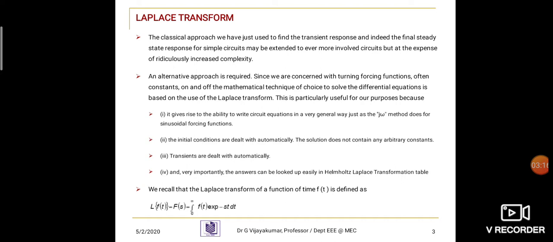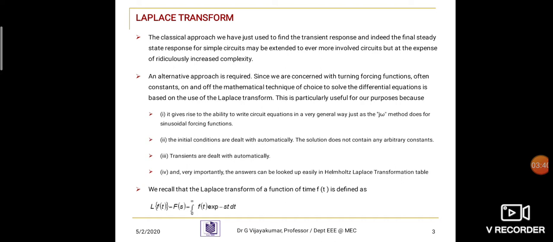We recall the Laplace transformation of a function of time f of t is defined as L of f of t equal to F of s. It indicates that I am converting a time domain specification into the Laplace domain, that is the s domain for simplicity.